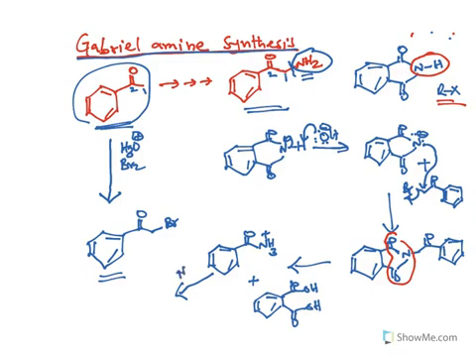So we can use something like sodium hydroxide to transform it into the product that we were interested in, NH2. We missed one carbon over here.